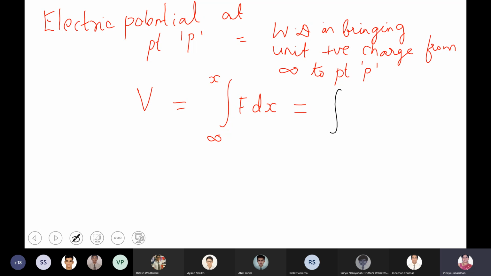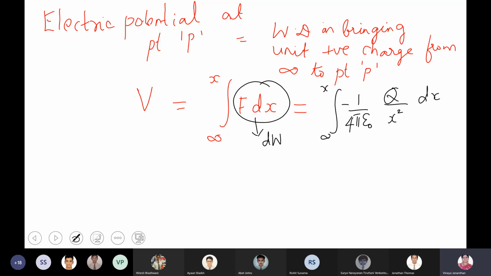What is F dx in the previous slide? dW is minus 1 by 4 pi epsilon naught, Q by x squared into dx. Is this what you have got? This is the work done, this is dW.